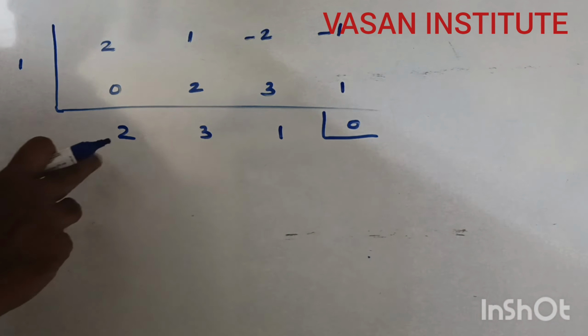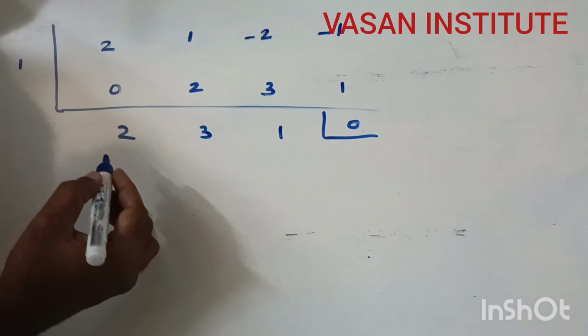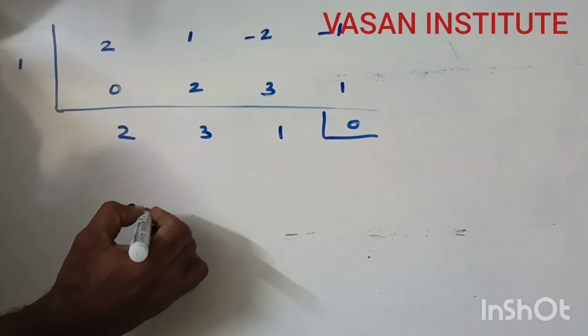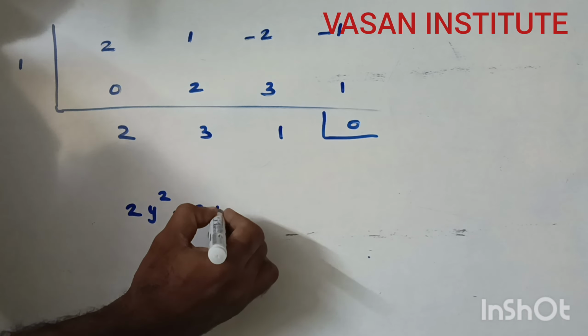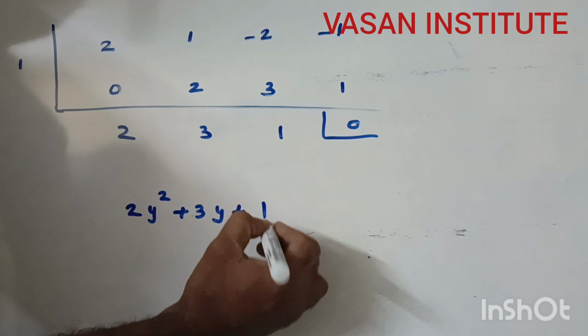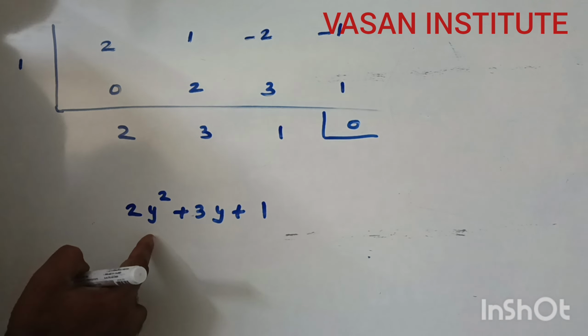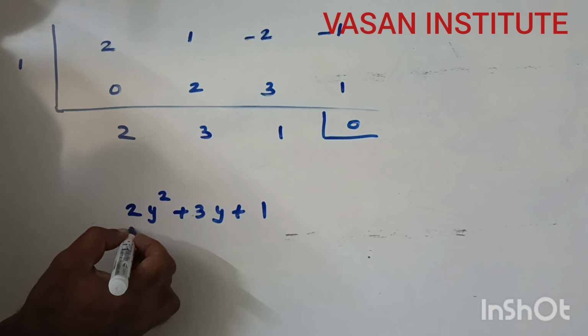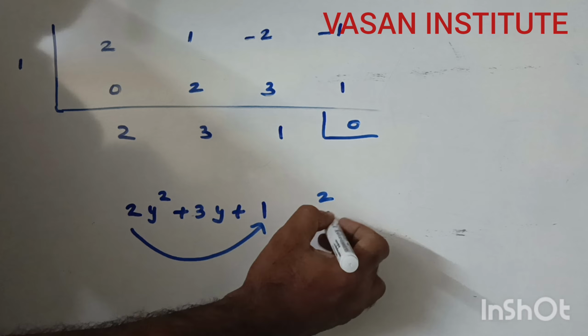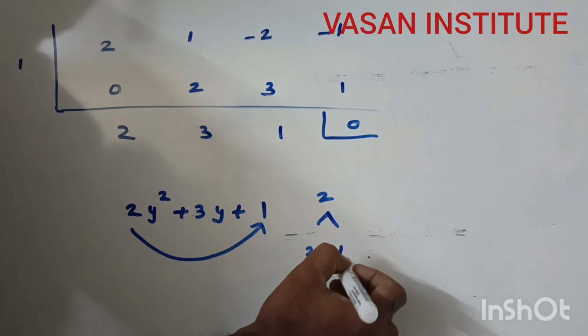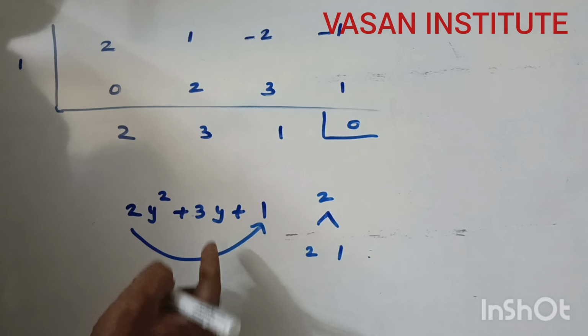Now the power is reduced to 2. So you can write 2y square plus 3y plus 1. If the coefficient of y square is more than 1, you multiply 2 and 1. 2 ones are 2, and 2 plus 1 is 3.